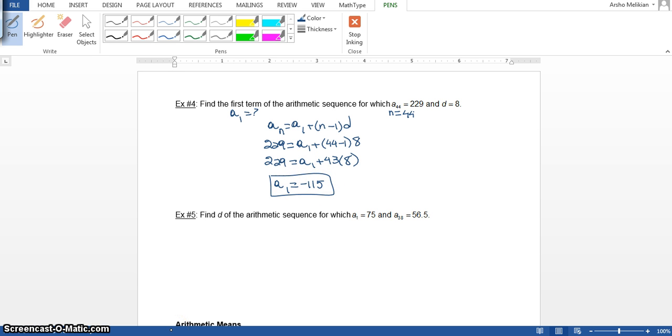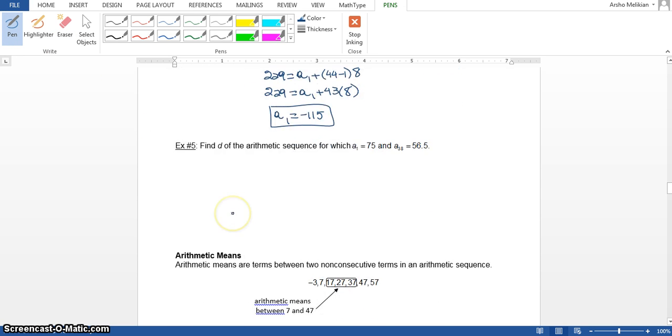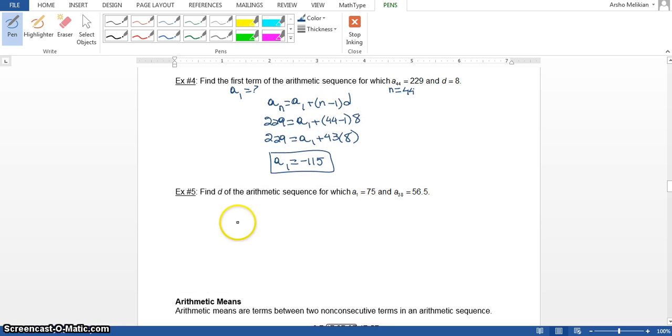In this last question, I need to find D. Again, we're going to use the same formula. What are we given here? We're given A1. What information can I extract from here? Anybody? N equals 38.